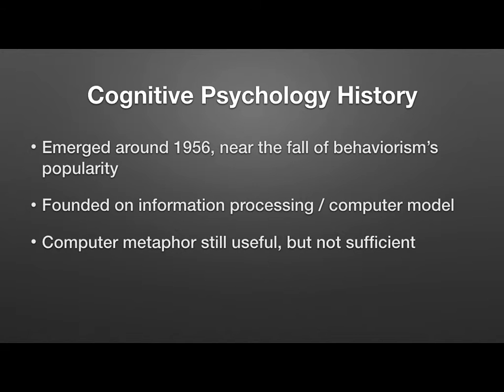To give you just a little bit of cognitive psychology history, the cognitive revolution happened in about 1956. Psychology has this really crazy story going on. From about 1920 or 30 up until the 50s, behaviorism was this huge thing in psychology.